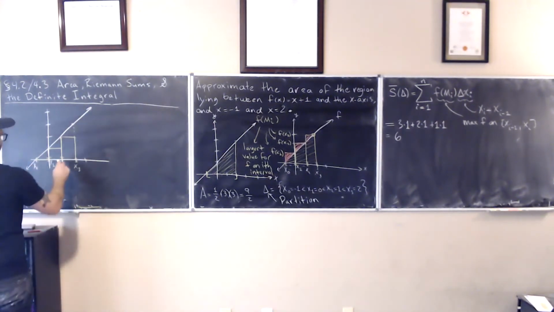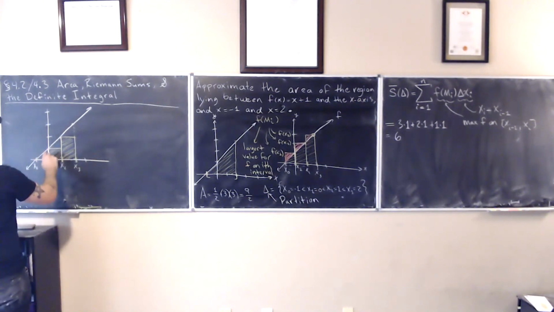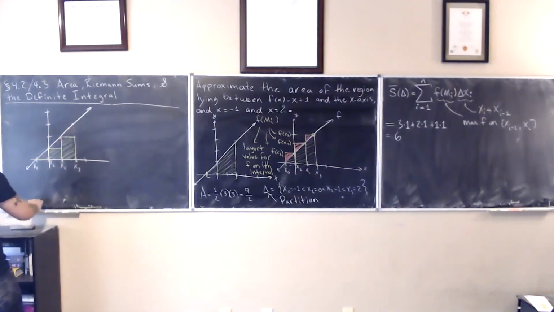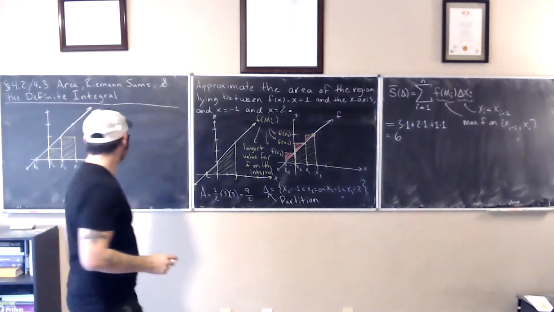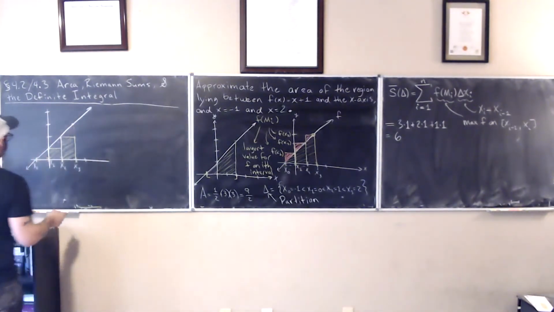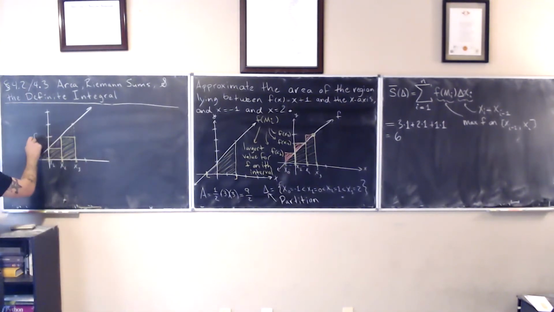So here is what we would calculate if we added the area of these rectangles. And then here, this is the error. All this is error. We're missing that, right? So here, this is like f of x2, f of x1.